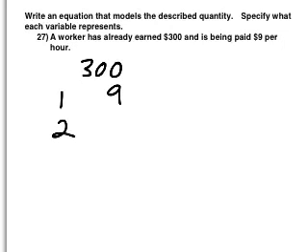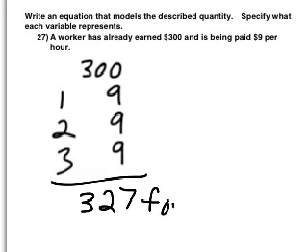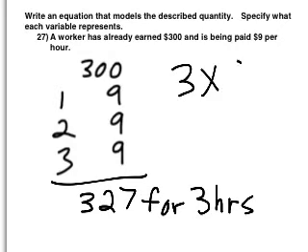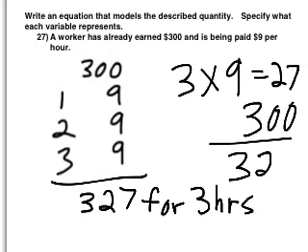And he works 2 hours, that's $9 more. 3 hours, $9 more. So then we have $327 for 3 hours. But you see, it's not just 3 times 9 giving us 27, because we've got that starting point of $300. So that's how it gets to be 327.